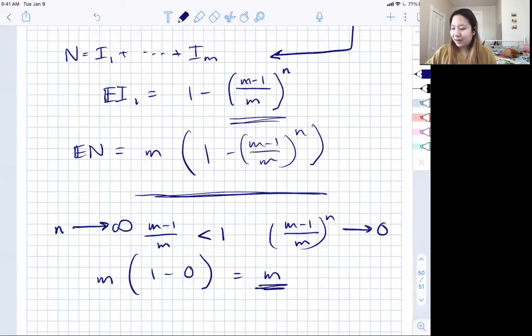The expected number of faces is going to be m. And this makes sense because we would hope that as we roll infinitely many dice, we would get a representative of every face. There's no face that's just going to not want to show up, causing the number of distinct faces to be less than the maximum number of faces we can get.